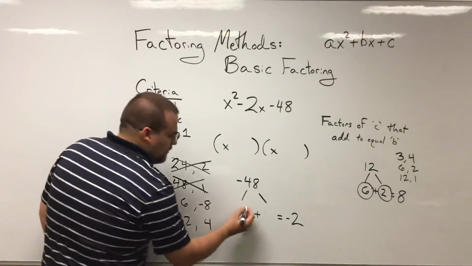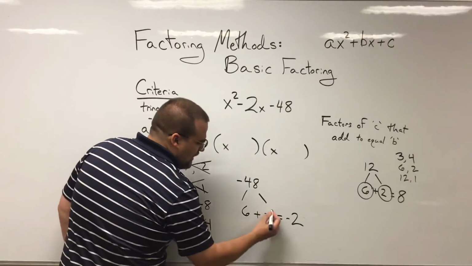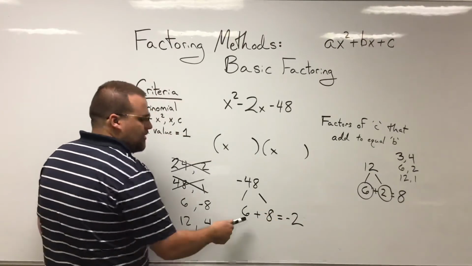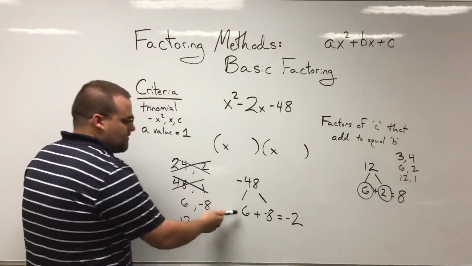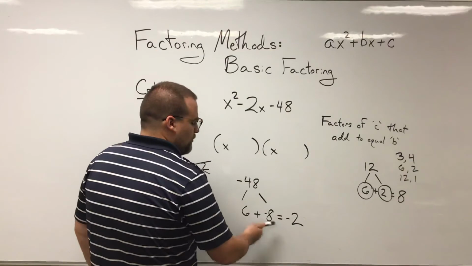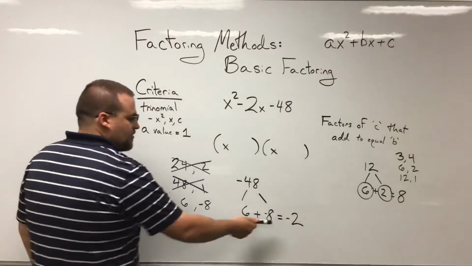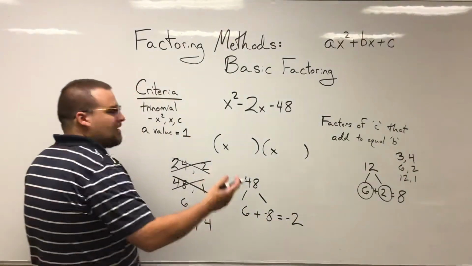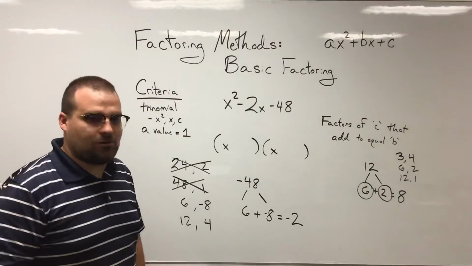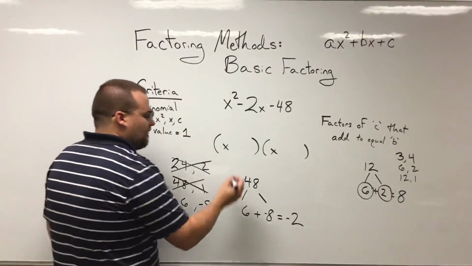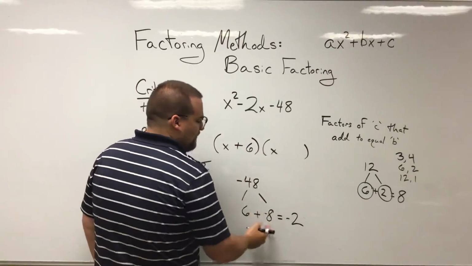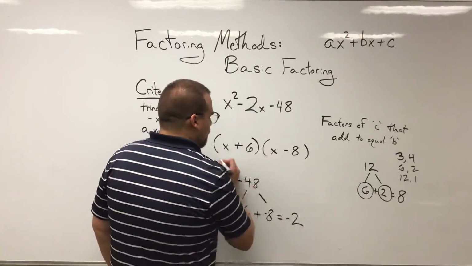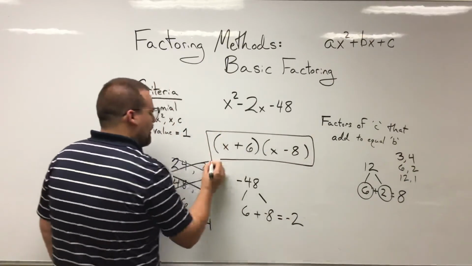So we said 6 and negative 8 must be our factors. 6 times negative 8 makes negative 48. And 6 plus negative 8, or 6 minus 8, gives us negative 2. So it satisfies both of our conditions. We'll go ahead and write our factors in our binomials. We have a positive 6, we have a negative 8, and we're finished right there.